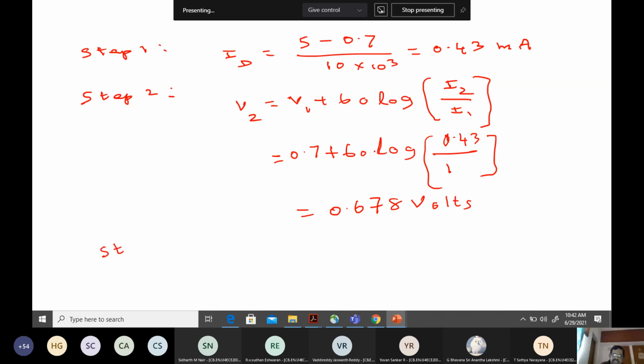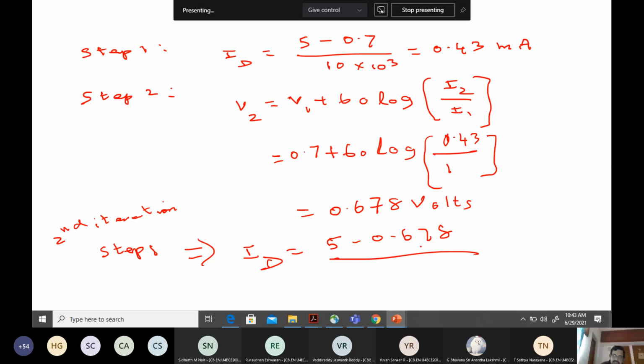So first iteration is over. We go to the second iteration. Performing second iteration, we retrace our step 1 again, ID we find. ID will be 5 minus 0.678 divided by R, which is 10 into 10 power 3.